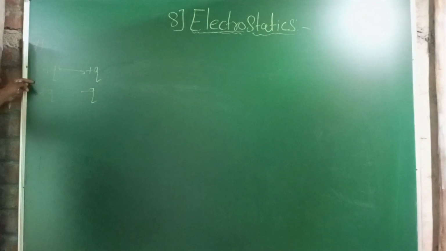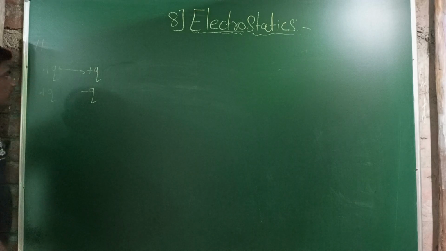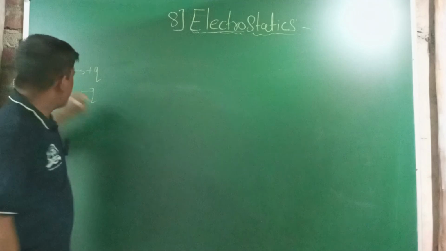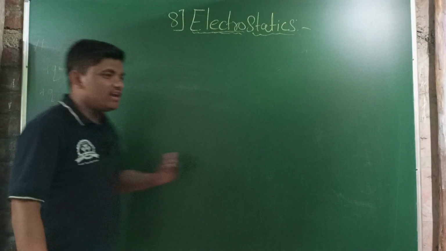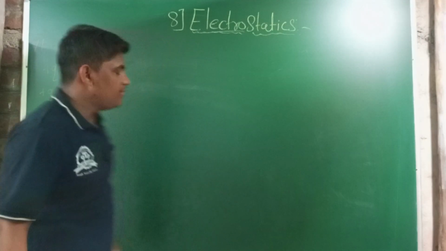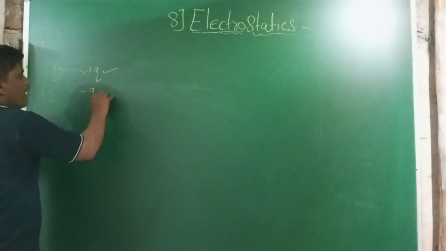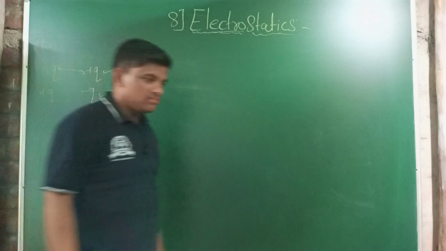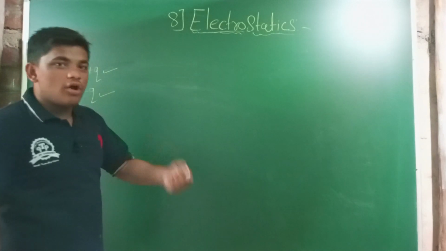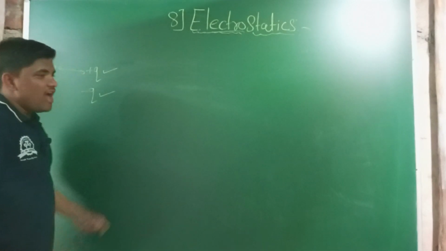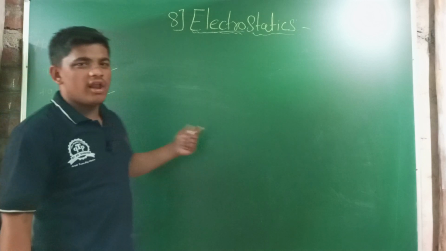The magnitude of these forces, as explained by Coulomb's law, is directly proportional to the product of the magnitudes of their charges and inversely proportional to the square of the distance between them.